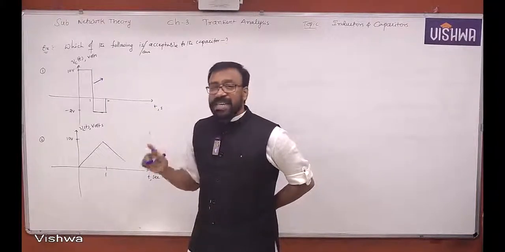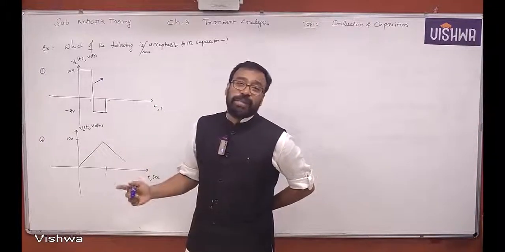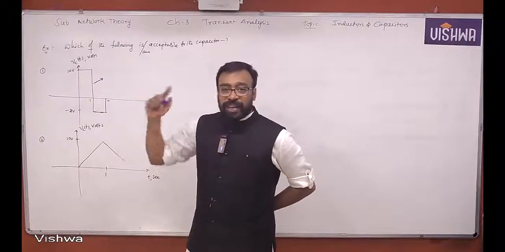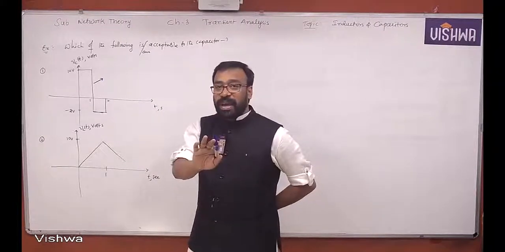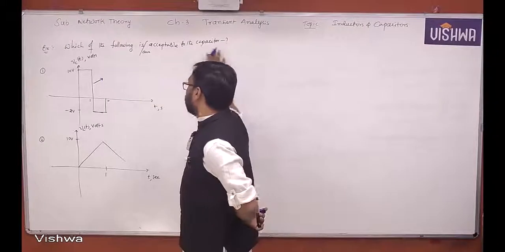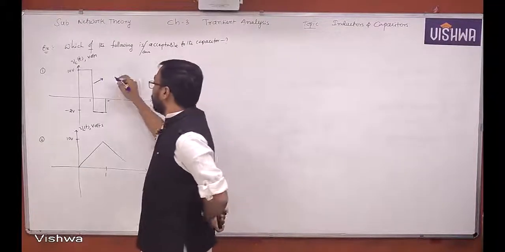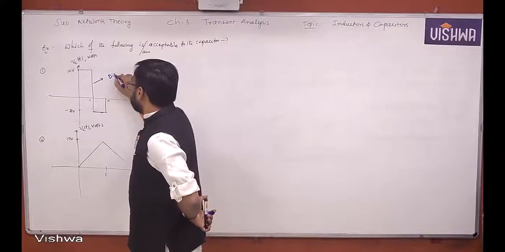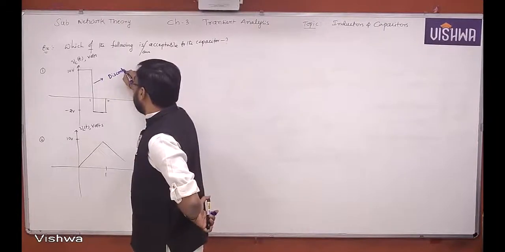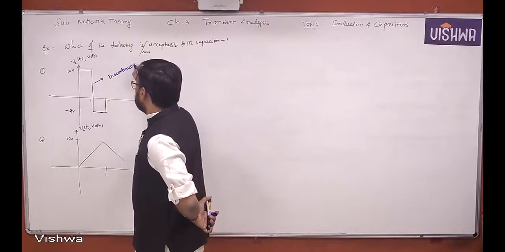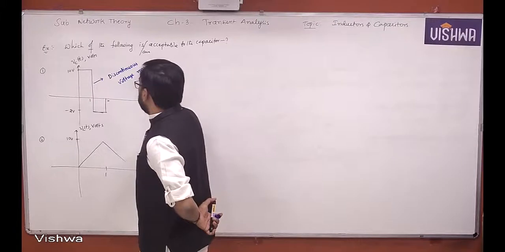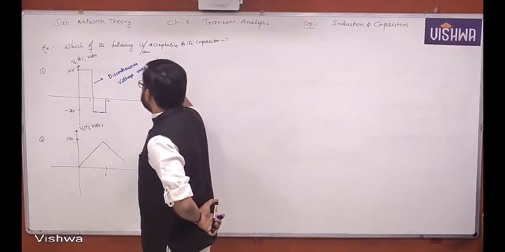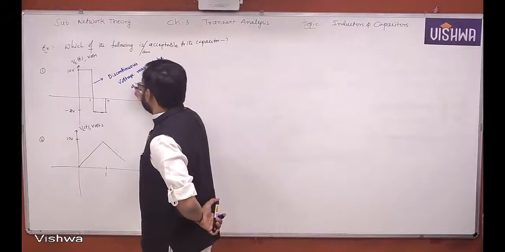The same discontinuous voltage may be acceptable to the capacitor if the current through the capacitor is an ideal impulse. Since it did not mention whether the current is finite or infinite here, you can say discontinuous voltage may not be acceptable.